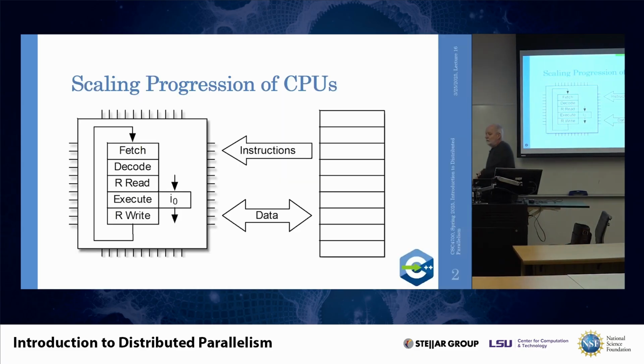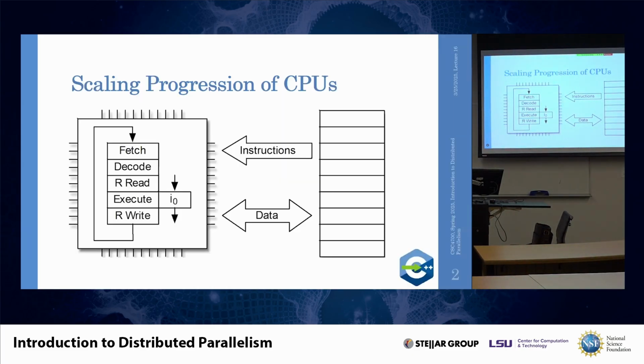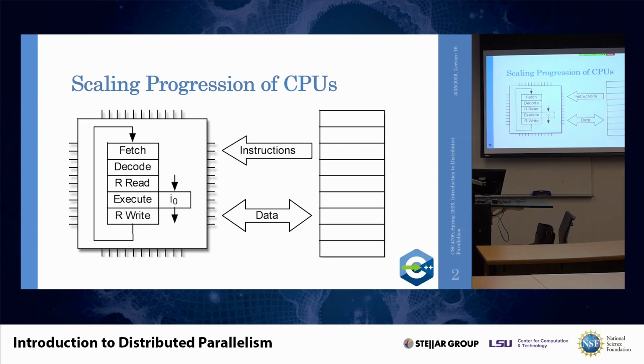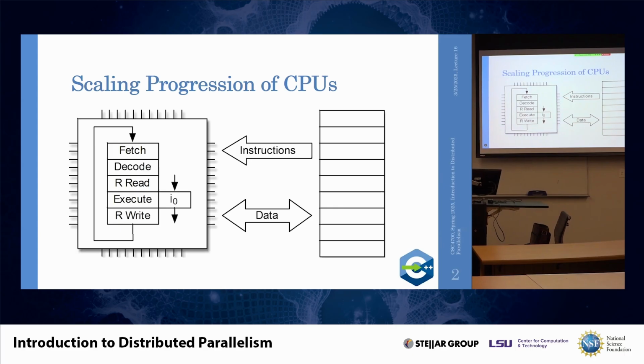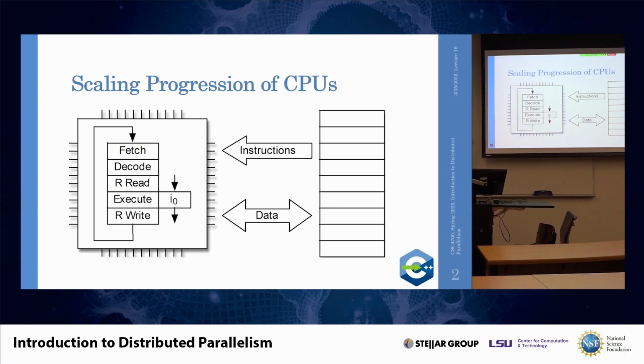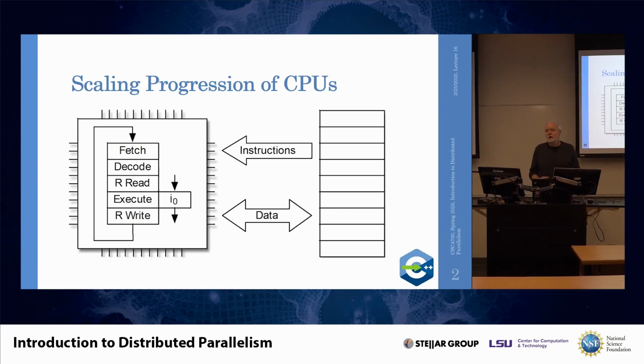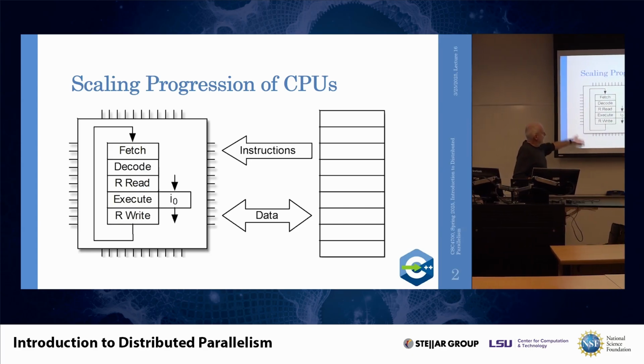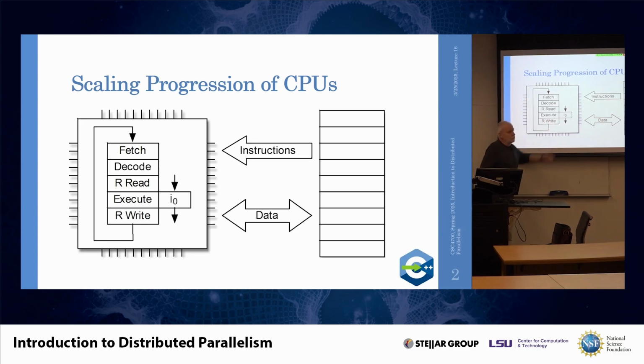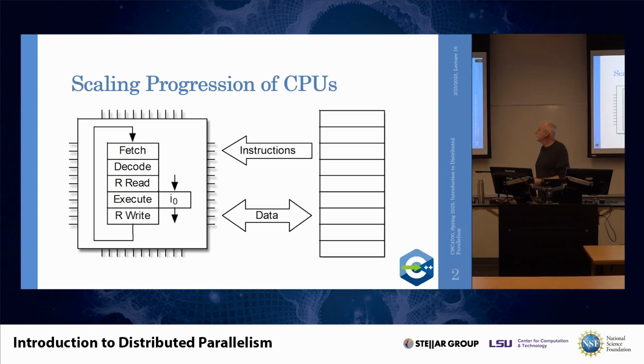Okay, so let's go back to where we started this course, where I looked at the scaling progression of modern CPUs. If we start very early on, the first CPUs had essentially this structure. You had a fetch, decode, read, execute, write cycle that is executed constantly, where the execution focuses on the current instruction.